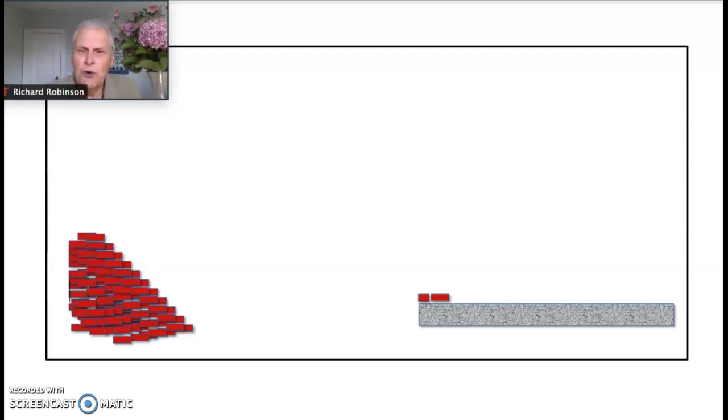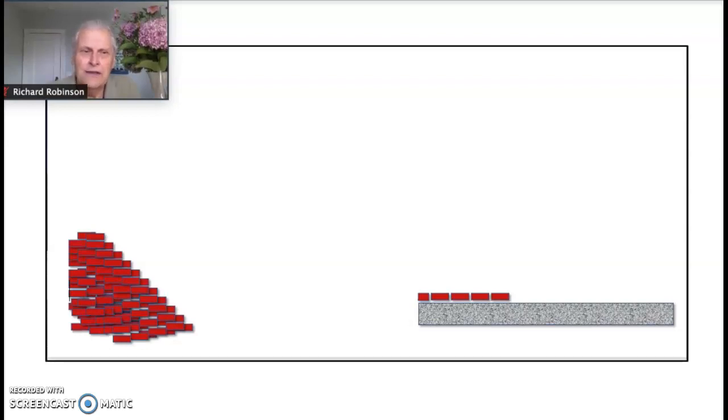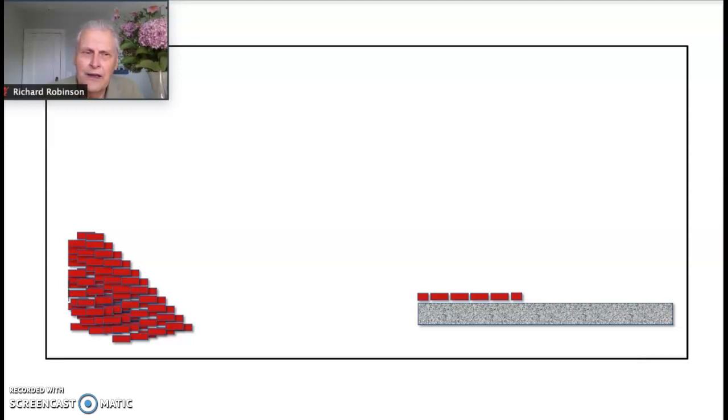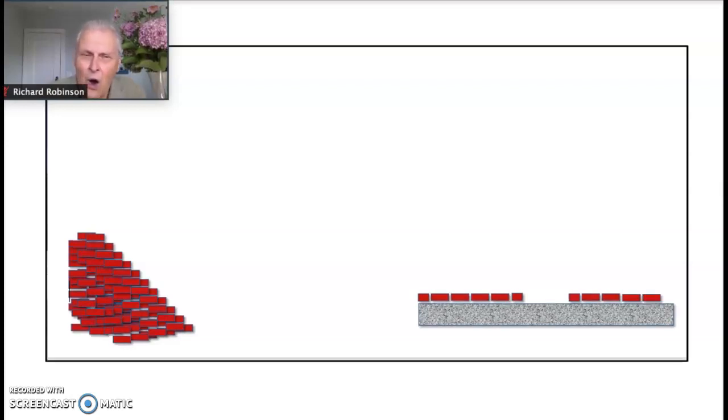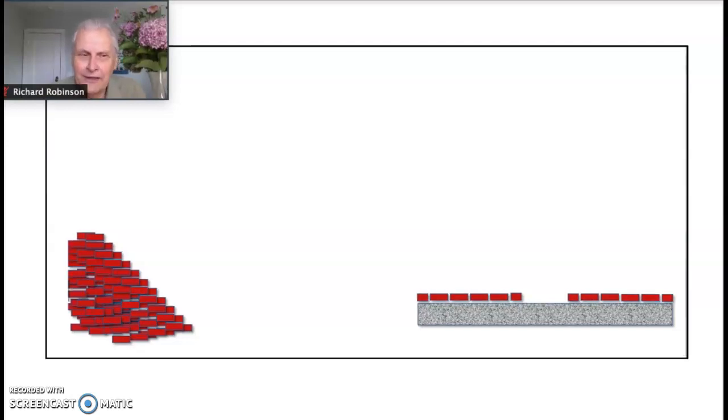Now we'll put some more mortar and another brick, and another brick, and another brick, and now we'll put a half a brick. And now we're going to leave a space. And on the other side of the space, we'll put another half a brick. And then another whole brick, another whole brick, another whole brick, another whole brick, and a half a brick.